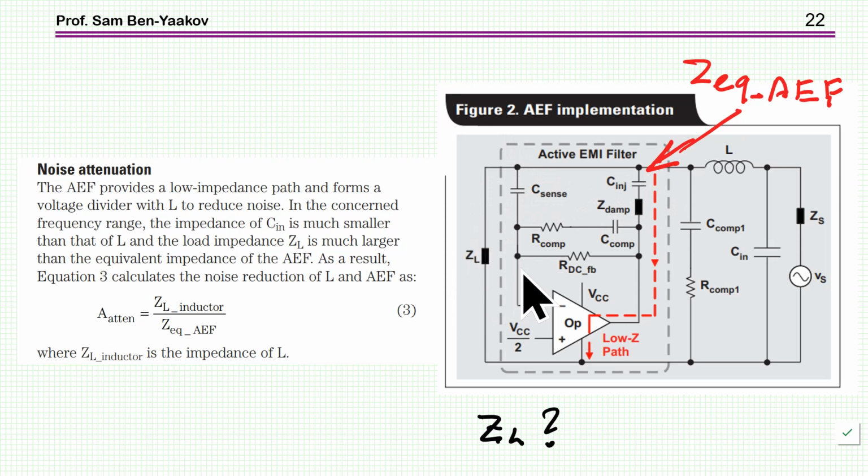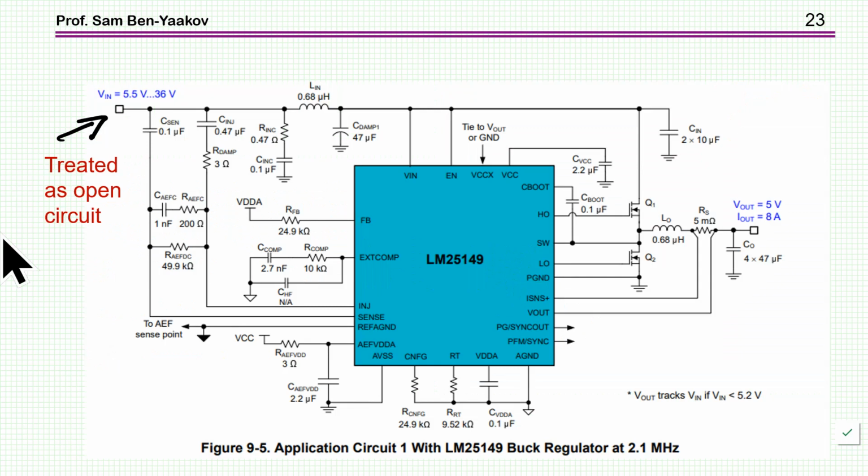Now, as it turns out, in the whole discussion, application notes or data sheets, etc., Texas Instruments neglects this. So Texas Instruments treats this as if it is an open circuit.